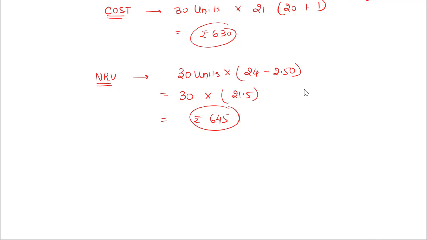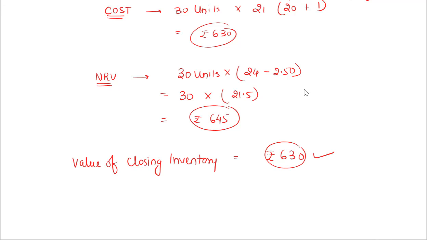Now, cost or NRV, whichever is lower, we need to value the inventory as per cost or net realizable value, whichever is lower. So we will write value of closing inventory equals rupee 630, that is cost or NRV, whichever is lower.